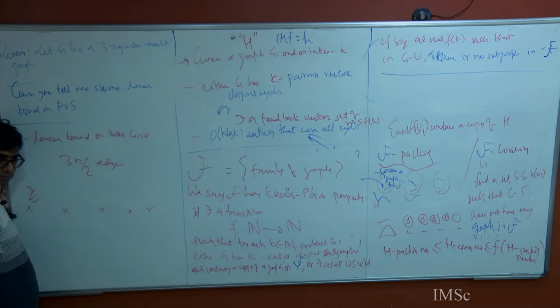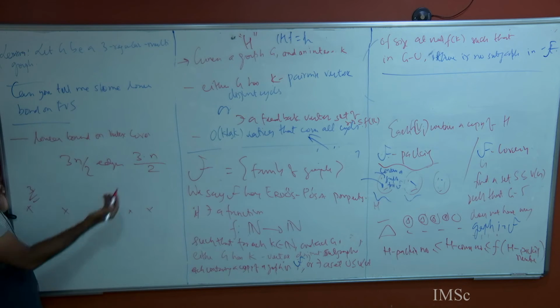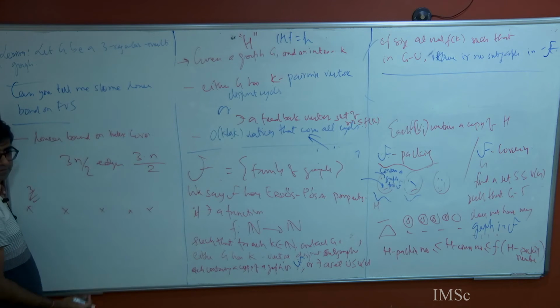Now you know, because it's a cubic graph, every vertex has degree exactly equal to 3. So the total sum of degrees divided by 2, the handshaking lemma we did in the first class, gives 3n by 2 edges.